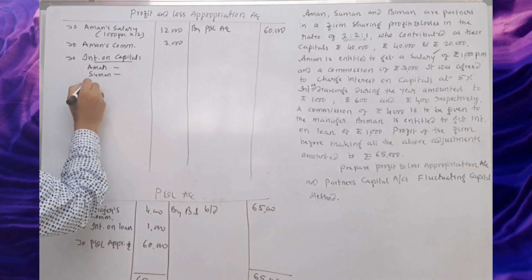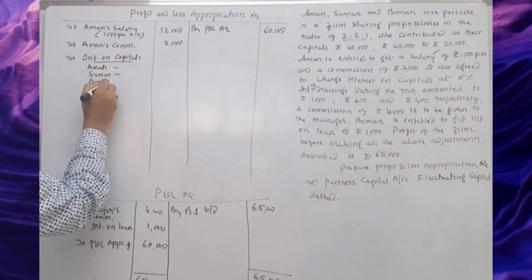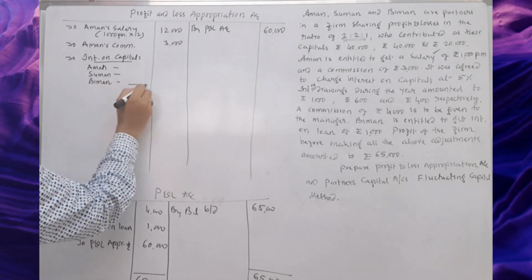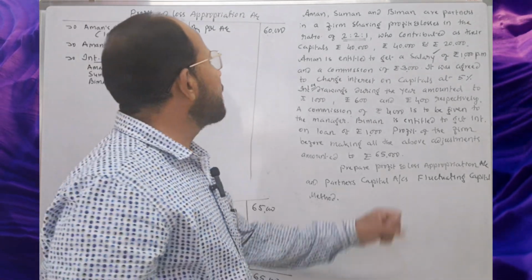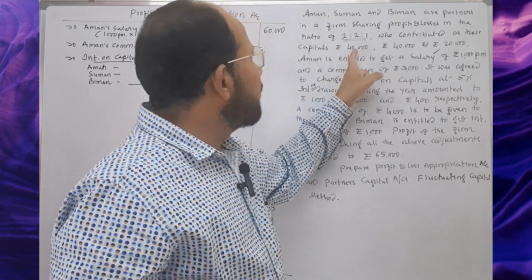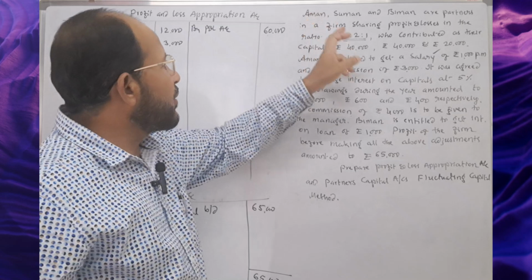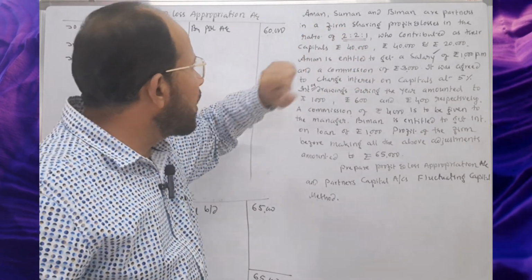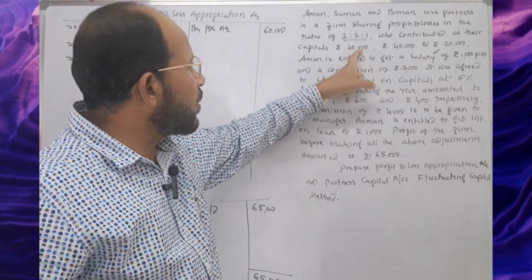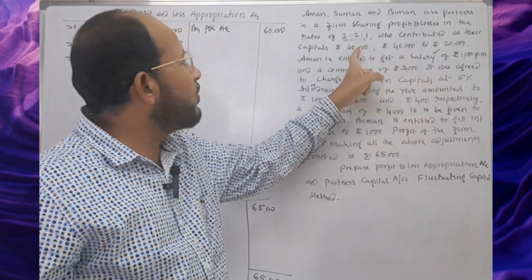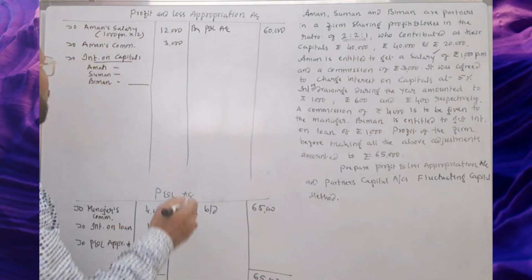Next one is Biman. 5% you calculate. Aman has invested rupees 40,000. Therefore 5% of 40,000 comes to rupees 2,000.